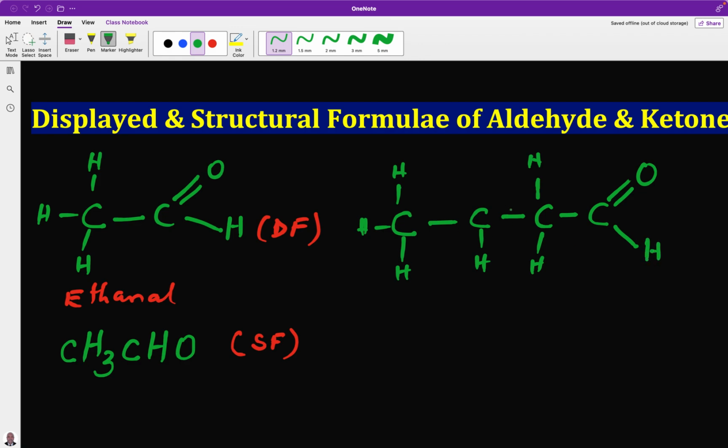That is butanol. Now, this is the displayed formula.